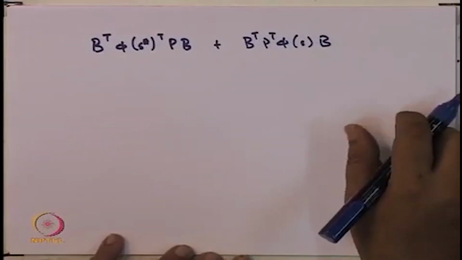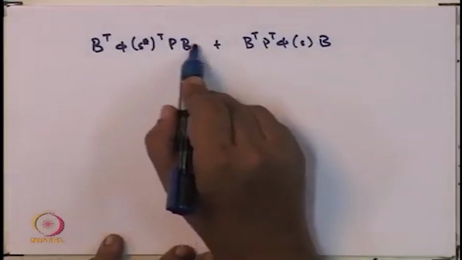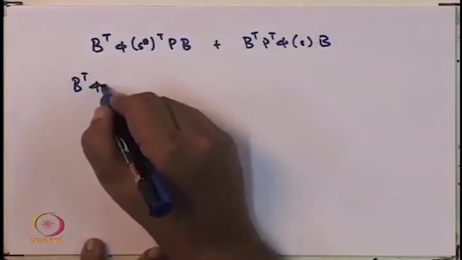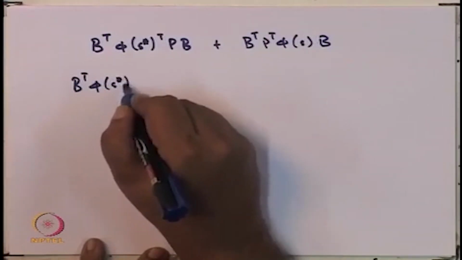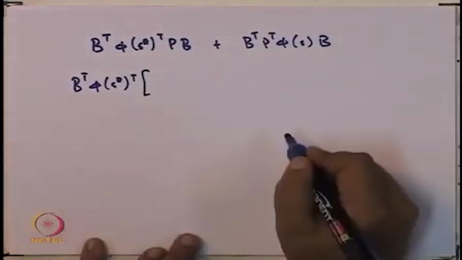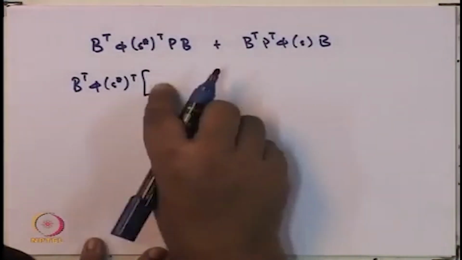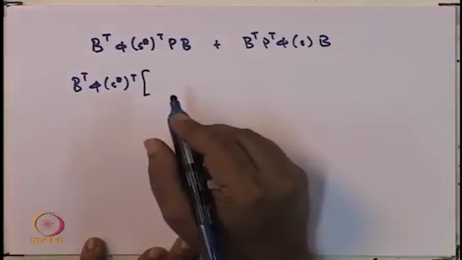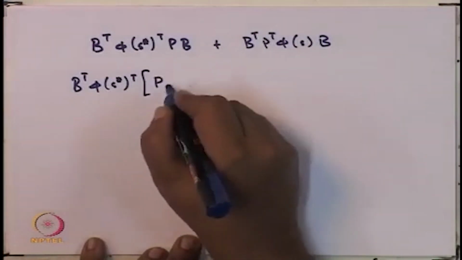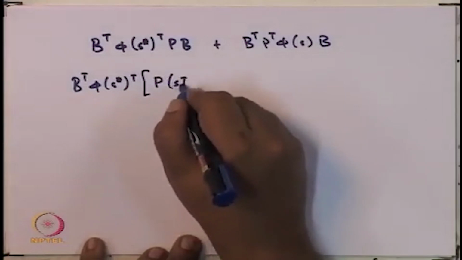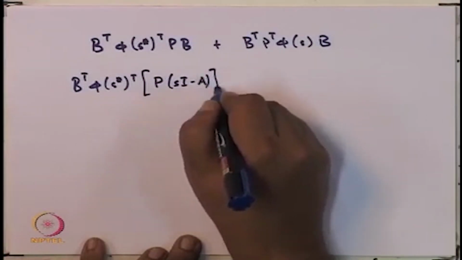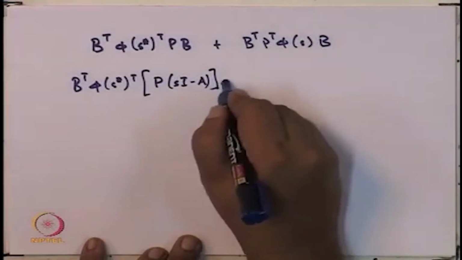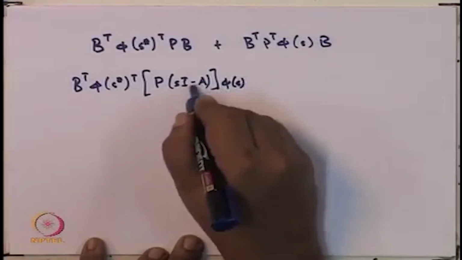So, this particular expression I can write down in the following way: B transpose phi(s star) transpose. Okay. And now, inside I introduce P times (sI minus A), and remember that we have already said that this phi(s) is the inverse of (sI minus A).